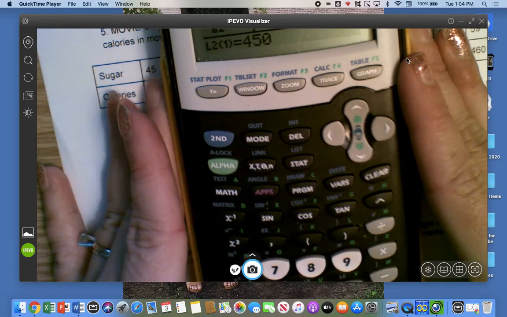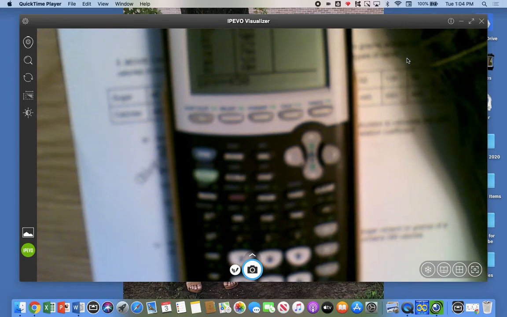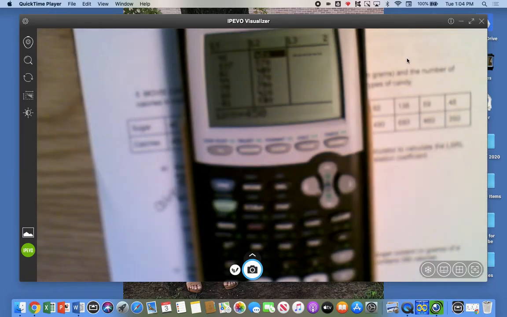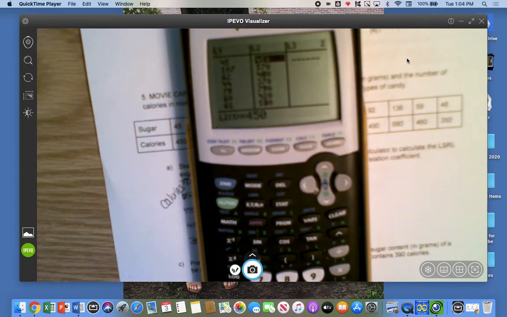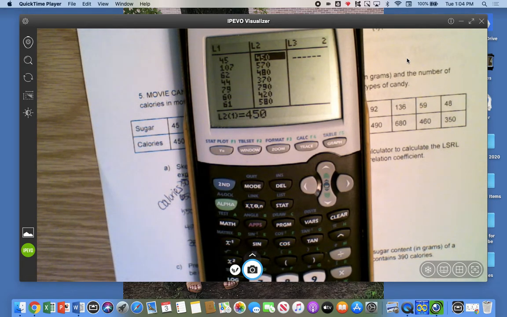Now I got to adjust it so I can get this whole calculator in. It's not great. I just never thought in 12 years of teaching I would be so worried about the lighting in my classroom. I don't even remember how to find the whatever. Okay, that's what we're going to go through. I just wanted you to get it in your list.